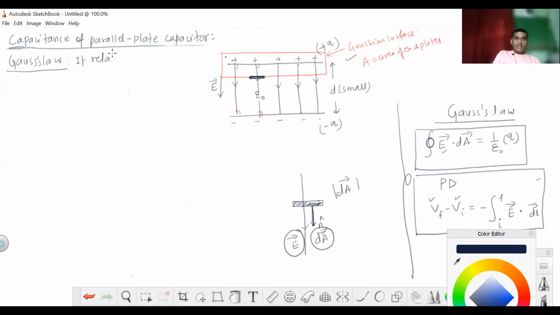Gauss law relates the electric field E, in this case between the plates, with the charge Q on the plates. So we can write in this way.